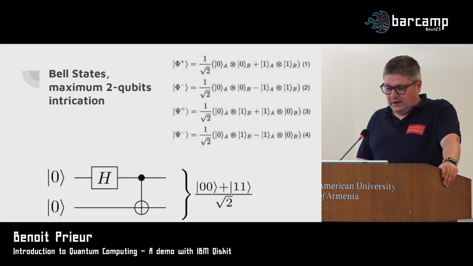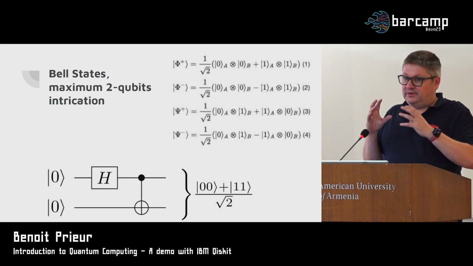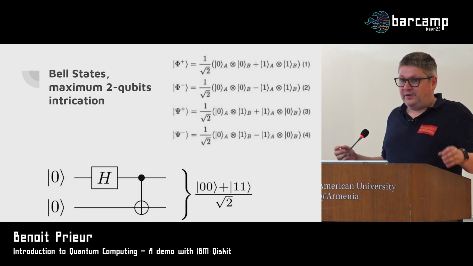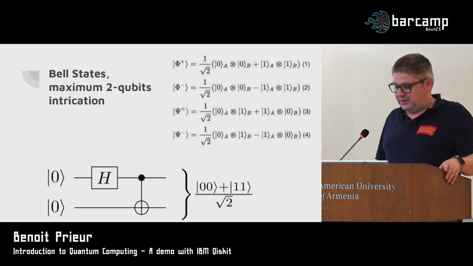A Hadamard gate plus a CNOT gate. After measurement here, we will get something in 0, 0 or 1, 1. 0, 0 because there is an intrication, there is an entanglement. The two particles have the same value, and we can check that after measure.